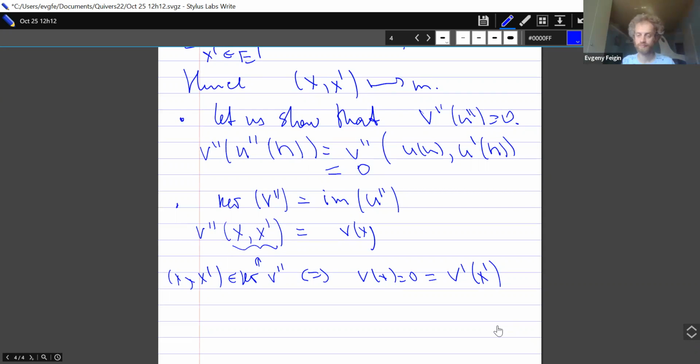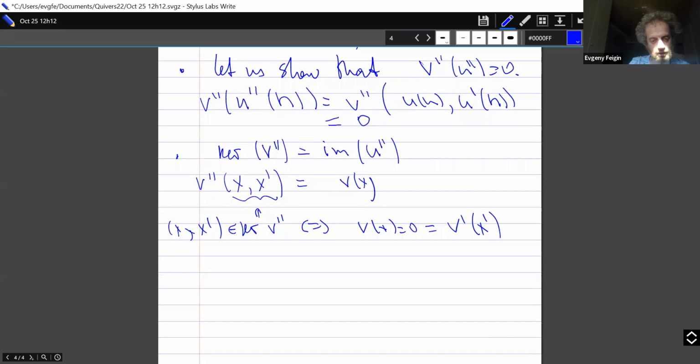How to say this? Well, both x and x prime are in the corresponding images. Right.